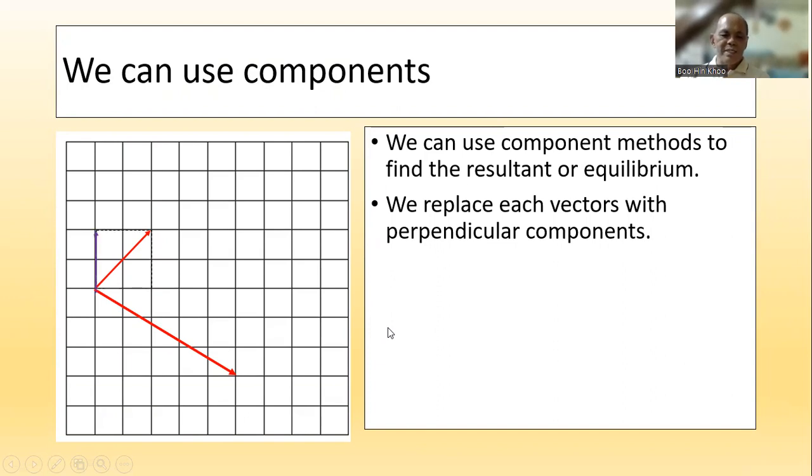In this case, we can draw a rectangle, and then we have our component in the y direction and component in the x direction, and we replace each vector. We replace it with the horizontal component in the x direction and the component in the y direction, then we just remove the original.